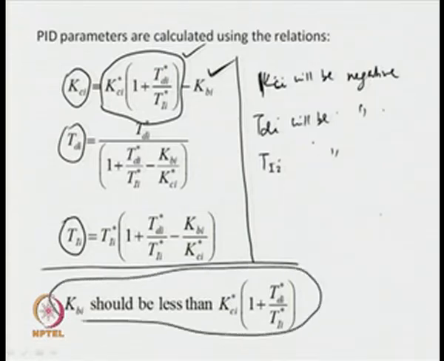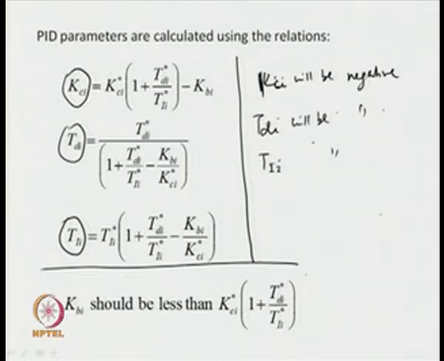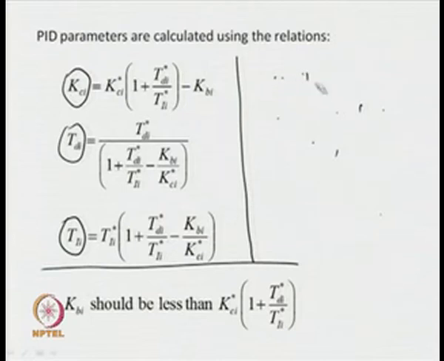So, design of Kbi depends on the values of Tdi star, Tii star and Kci star.